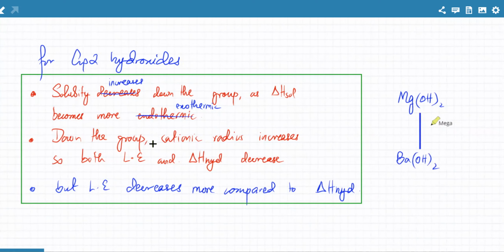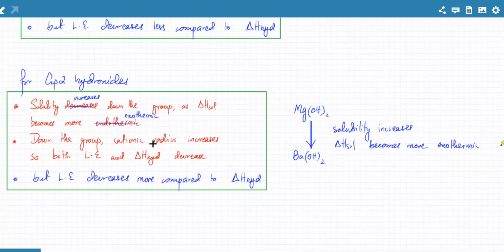So solubility increases down the group, and delta H solution becomes more exothermic.